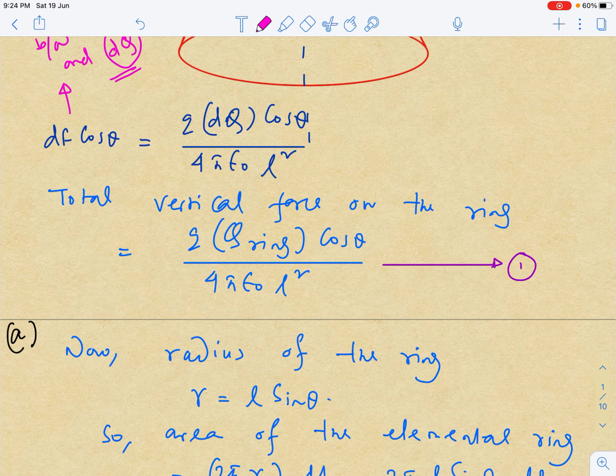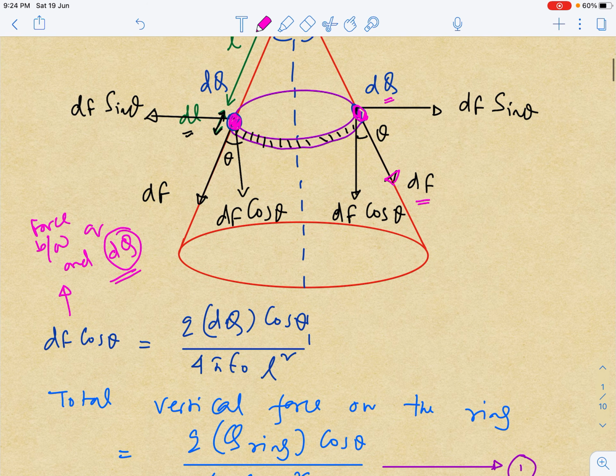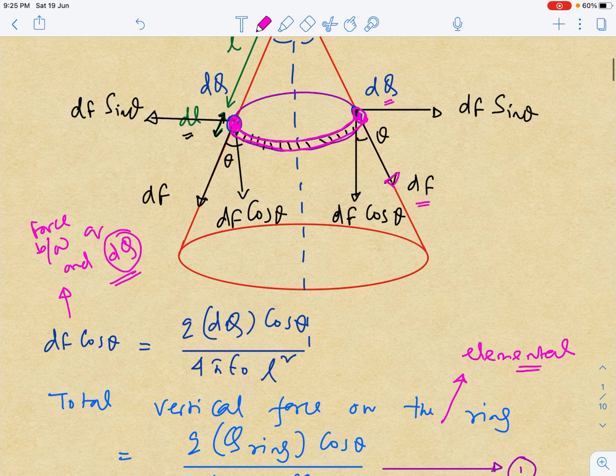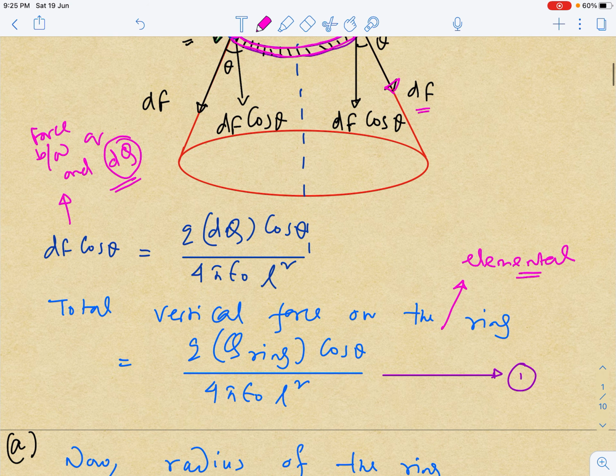Now if I integrate over this, my target is to get the total vertical force acting on the elemental ring, that element that I have taken. How much force is acting out there? We can clearly check that if I integrate over this, every other thing remains constant. Integration over dq will give you q on the ring. So q ring is basically charge on the elemental ring.